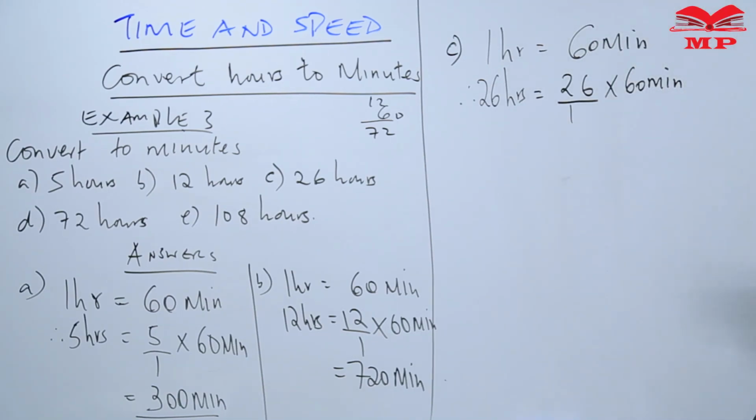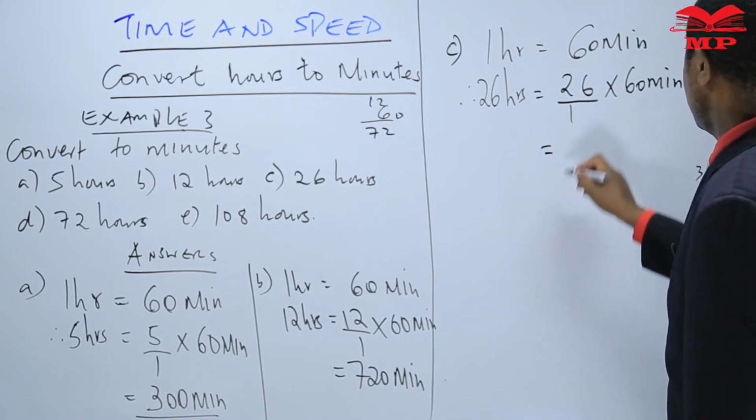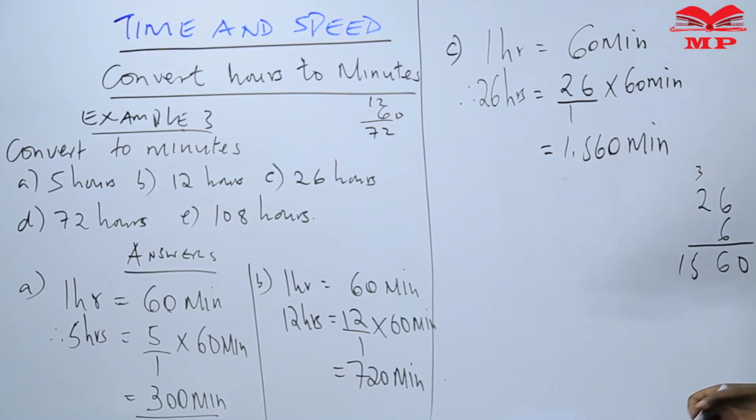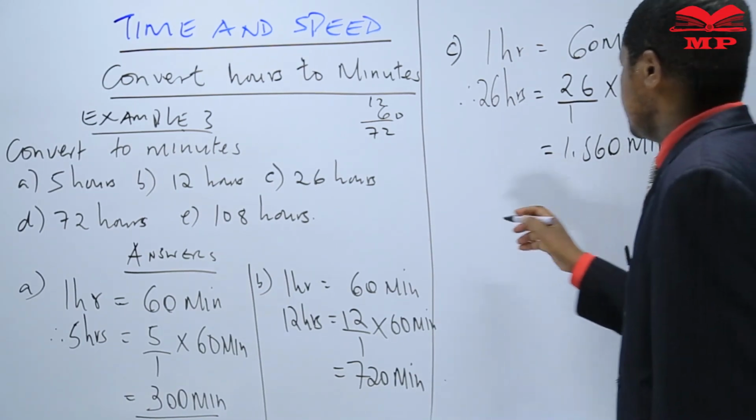So we multiply 26 times 60. 6 times 6 is 36, write 6, carry 3, then 2 times 6 is 12 plus 3 is 15, then we have a 0 here. So 26 hours will be equal to 1,560 minutes.